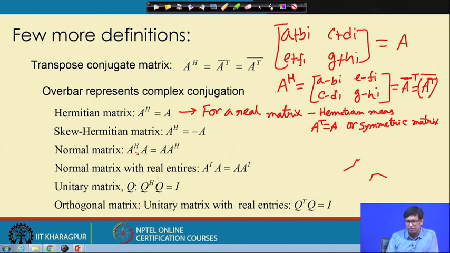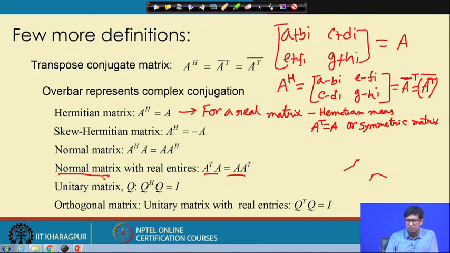If the conjugate transpose of the matrix multiplied with the matrix gives the same as the matrix multiplied with its conjugate transpose, this is called a normal matrix. For real entries, Hermitian is nothing but transpose, so for a real matrix we can write A transpose A equals A A transpose, and then the matrix is called a normal matrix.